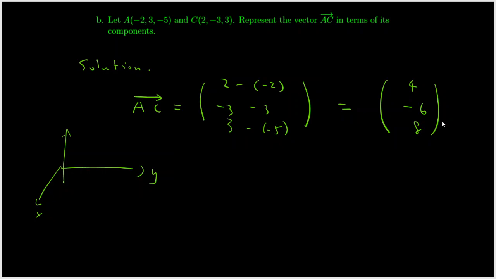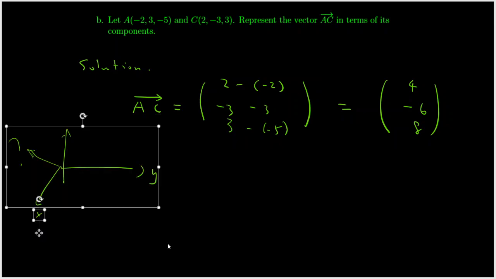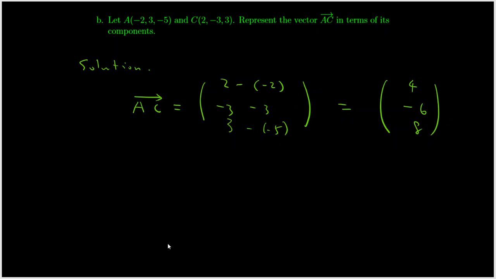Z direction is also positive. It's kind of that way, if you know what I mean. Okay, in any case, you just need to know it's kind of similar in 3-space. In the space, a vector has 3 components. Okay.